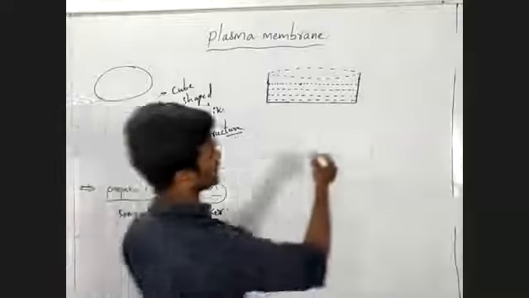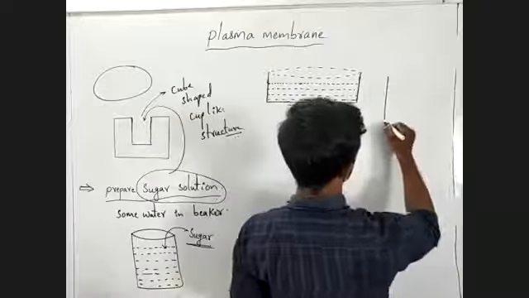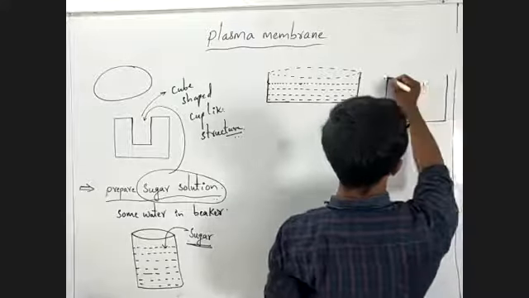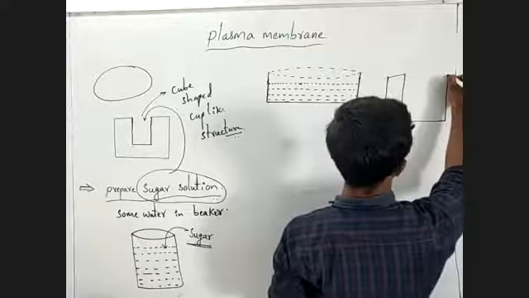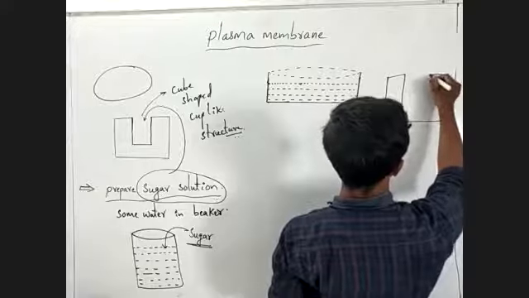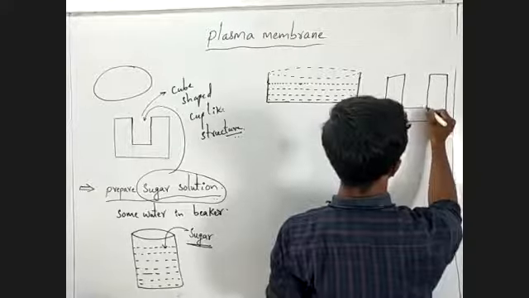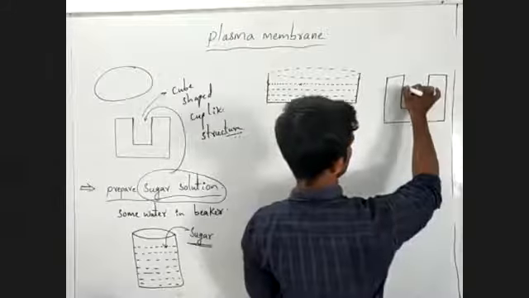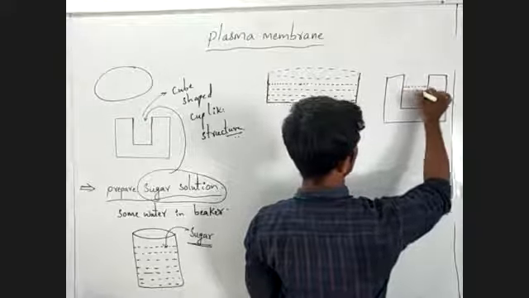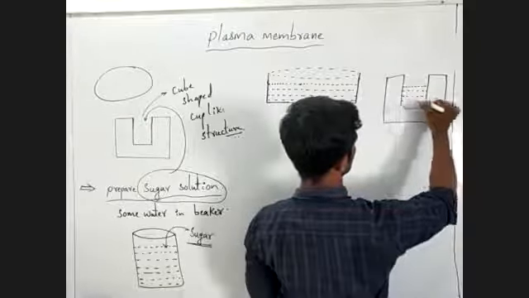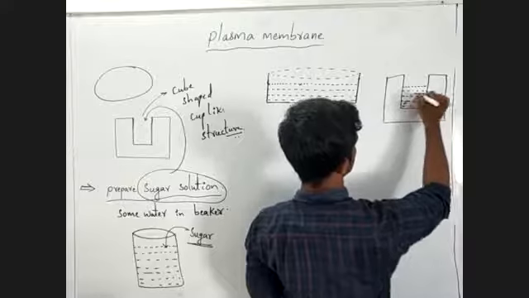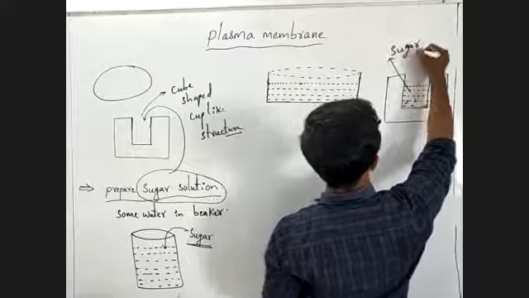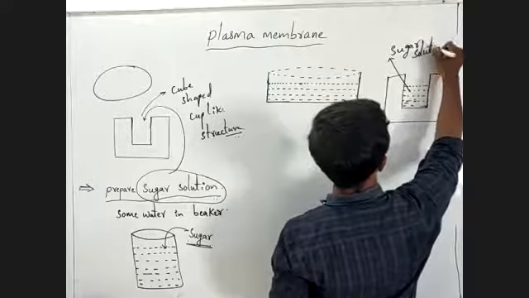For example, imagine it is a potato with cube shaped cup. Like this. Now you have to pour the sugar solution. Observe, this is sugar solution.